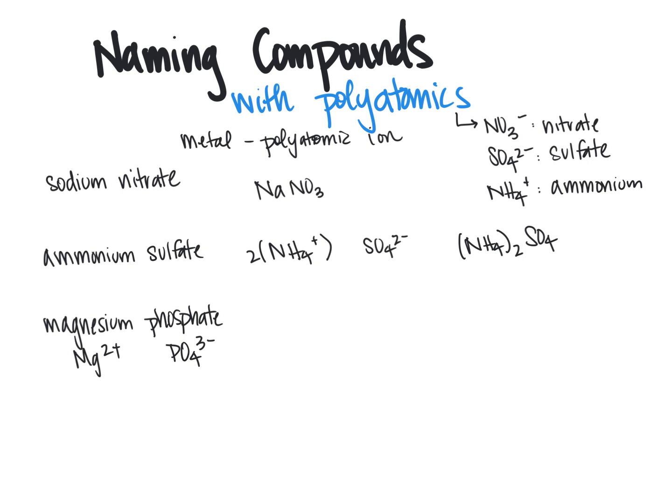Those charges don't balance out, so we're going to need three magnesium and two phosphates in order to balance those out. We would end up with a -6 after our two phosphates and a +6 with our three magnesiums. But the names are just the names of the polyatomic ions.